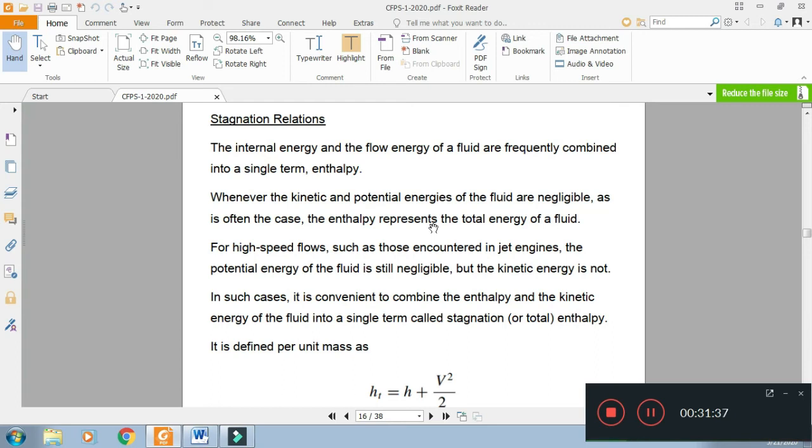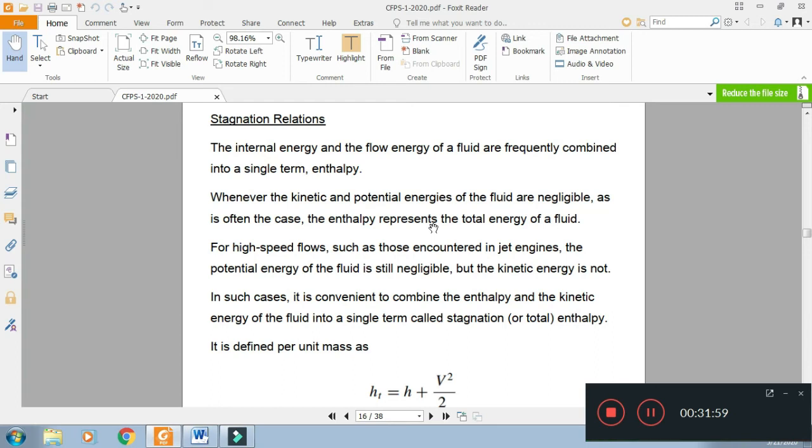The changes in pressure and internal energy are major. So the energy change is simply H2 minus H1 or delta H. For example, in refrigeration systems, if we are considering condenser, evaporator, the changes in energies are written in terms of delta H.